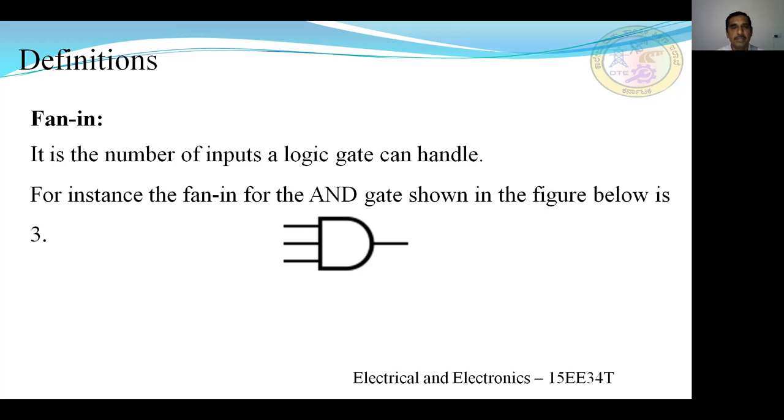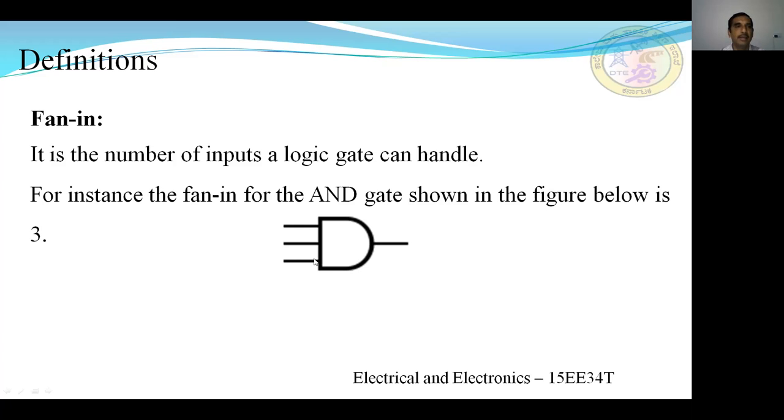For instance, the fan in for the AND gate shown in the figure below is 3. Just observe here, this is one AND gate. These are the 3 inputs and 1 output. So the fan in for this AND gate is 3, meaning we have 3 inputs: 1, 2, 3.